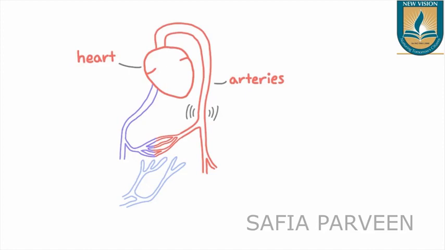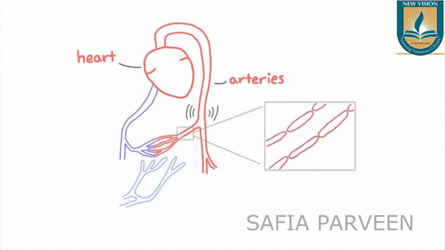Unlike the fluid from the arteries, which comes out because of the arterial pressure, here we need to apply pressure on our muscles to make the fluid enter into the lymphatic capillaries.